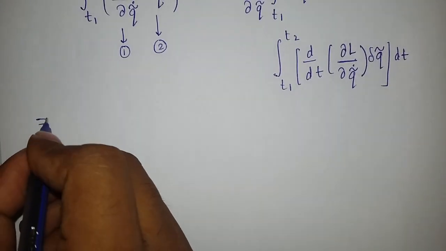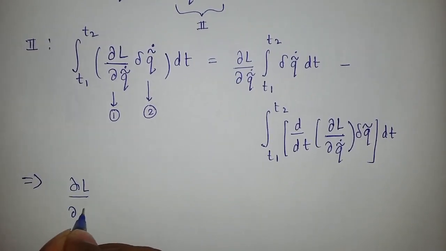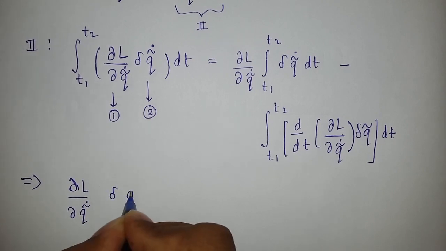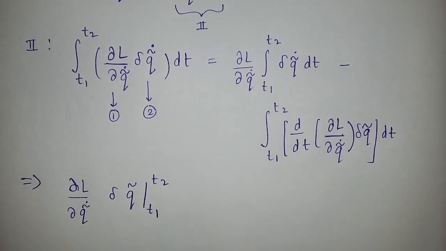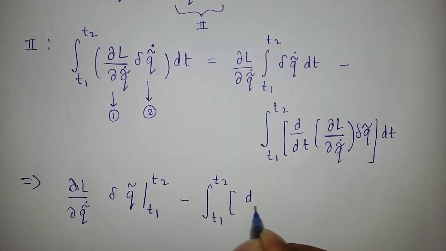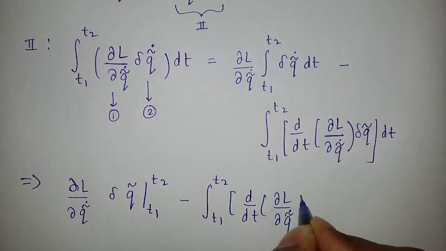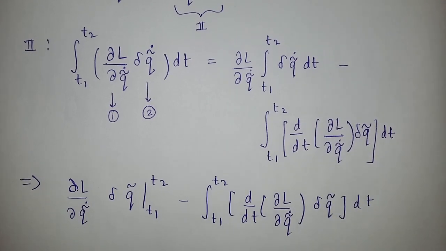So the first term is dou L upon dou q tilde dot delta q tilde evaluated from t1 to t2, minus the integral from t1 to t2 of d by dt of dou L upon dou q tilde dot times delta q tilde dt.